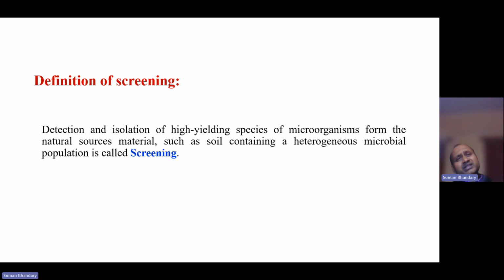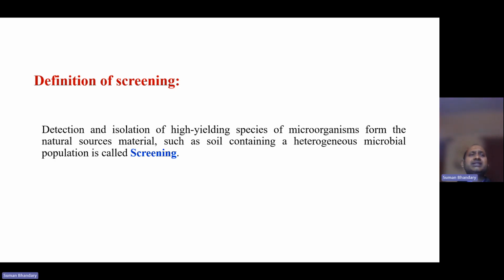The concept of screening will be illustrated by citing specific examples of screening procedures that are basically utilized in industrial research programs. Generally, we apply the crowded plate technique. Later on, we will discuss this technique elaborately.